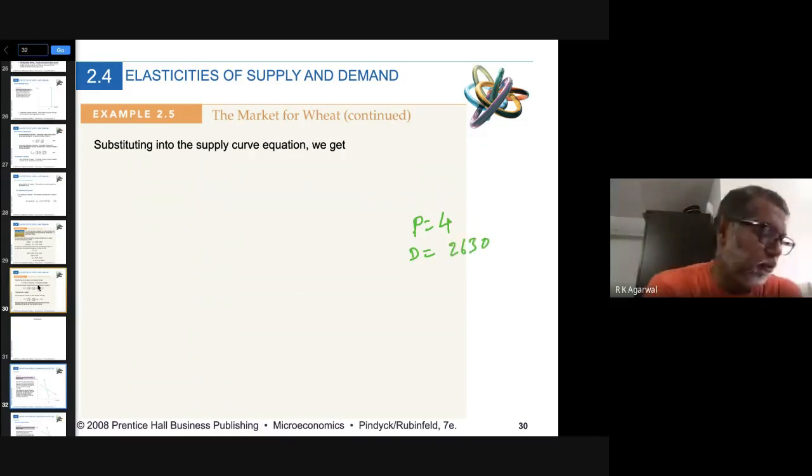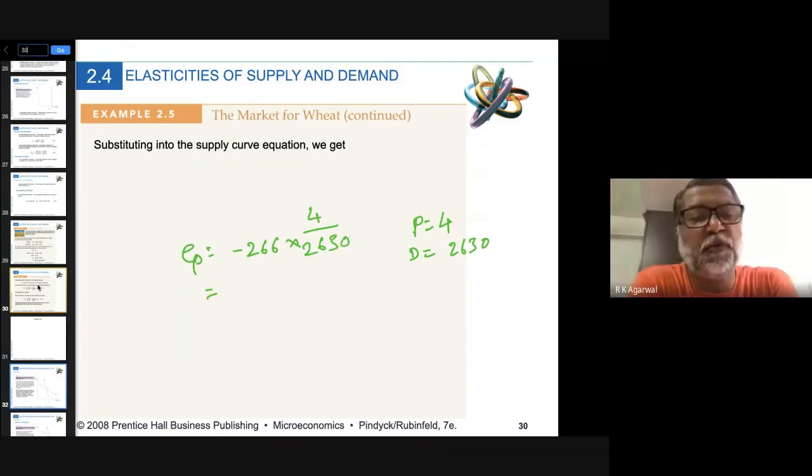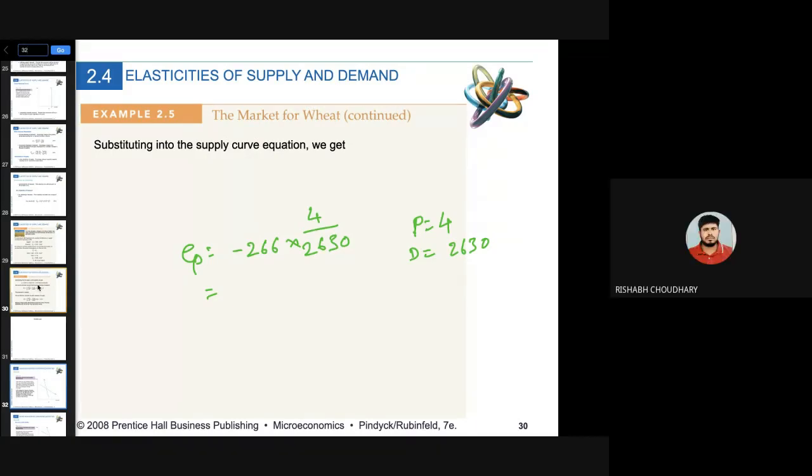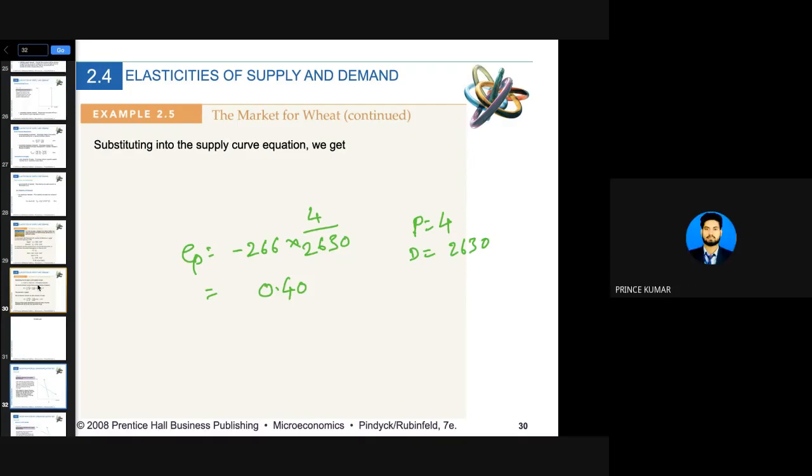So what will be the elasticity of demand? Slope is still the same, minus 266, but now the price to quantity ratio changes. 4 upon 2630. Minus 266 into 4 by 2630. How much is this? 0.40, minus.